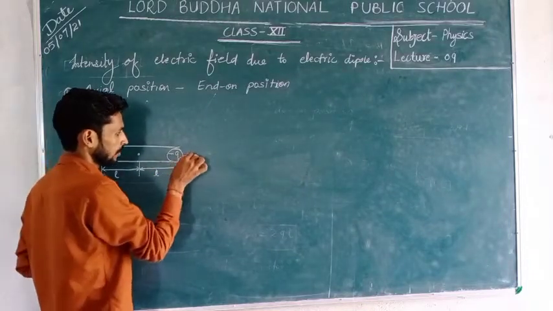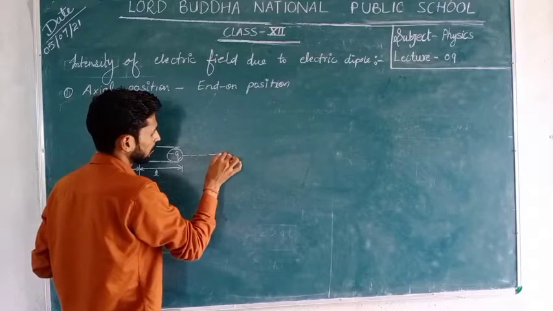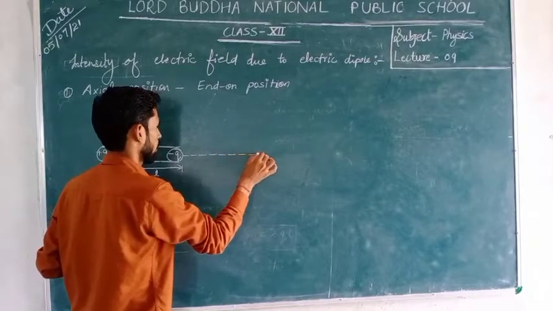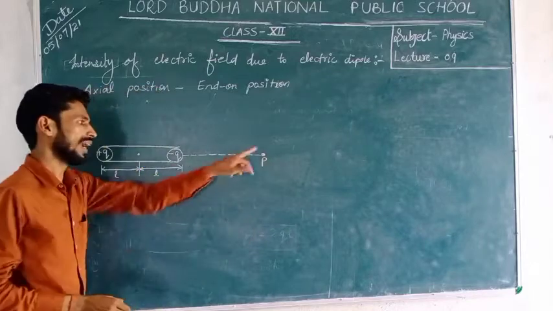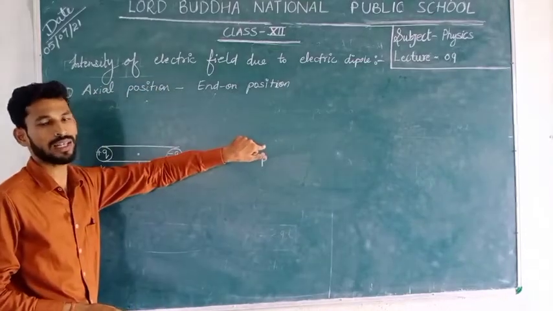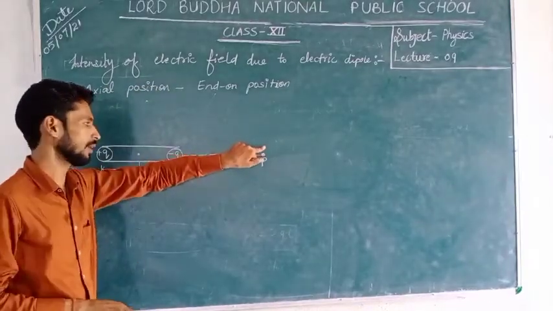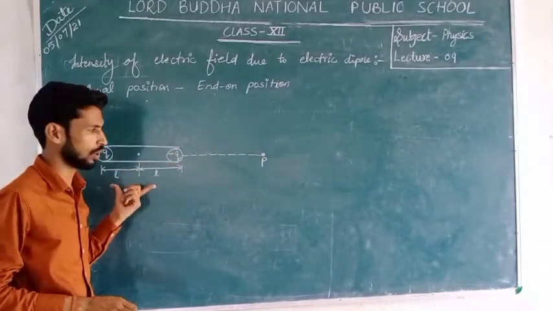Suppose that on the axis of this system there is a point P where we have to find the intensity of electric field due to the electric dipole.